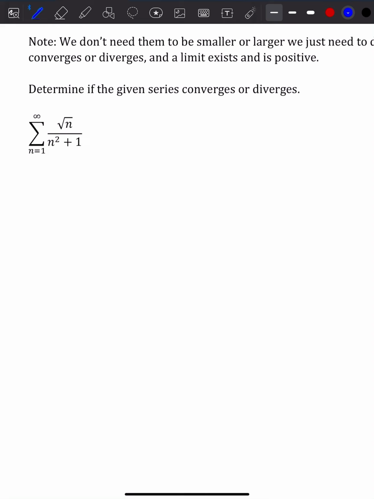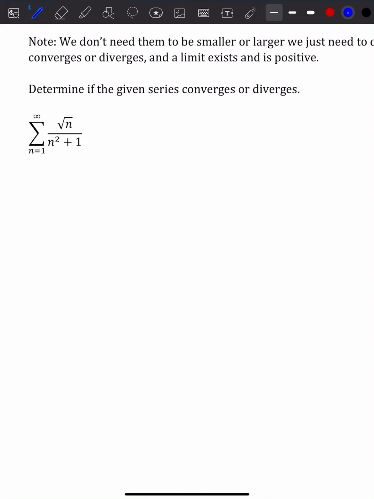Okay, so determine if the series converges or diverges. The first thing that we're going to do is choose what function we want to compare this to. And then we need to make sure that we can find this as well. Just like the last time, one of the easiest ways to choose a function is to choose something that's similar enough, but is something that we can potentially move around to help us out.